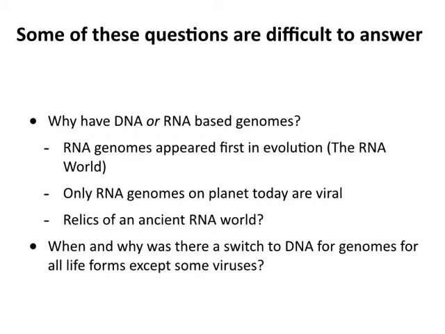What we can say, however, is why we have RNA and DNA-based genomes in the viral world. Because as you know, all other organisms on the planet have DNA-based genomes, but viruses have both. So the idea here is that in evolution, many, many billions of years ago, there was an RNA world where the first organisms, the first cells, were RNA-based. The idea was that RNA evolved in solutions initially and then became cellular.